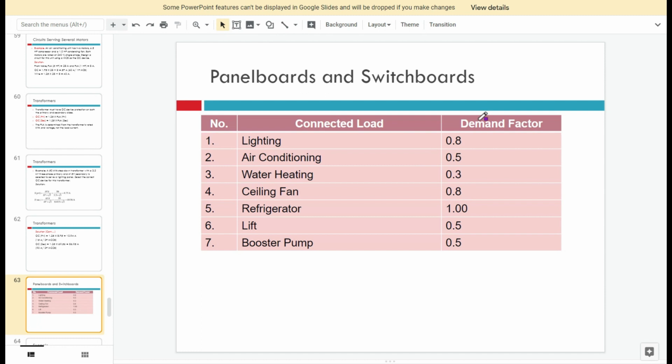In order to calculate the maximum demand, we have to consider the demand factor. This demand factor is based on our usage. It is not a fixed value, but is based on our assumption of our lifestyle.